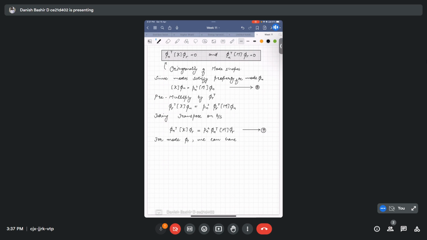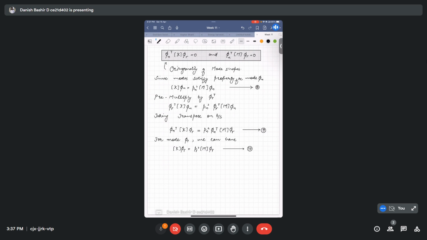For mode phi r, we can have k phi r is equal to p r square m phi r. Same property. This is the 10th equation.